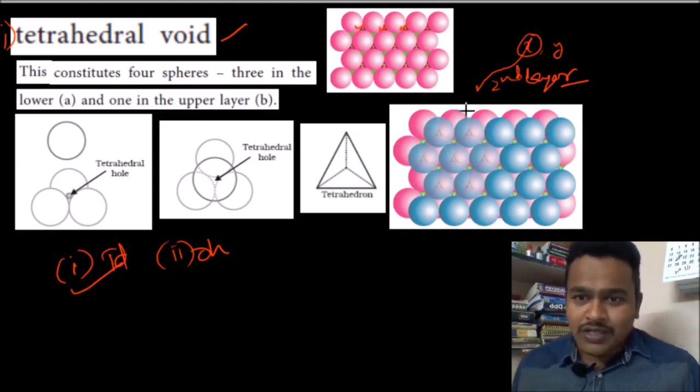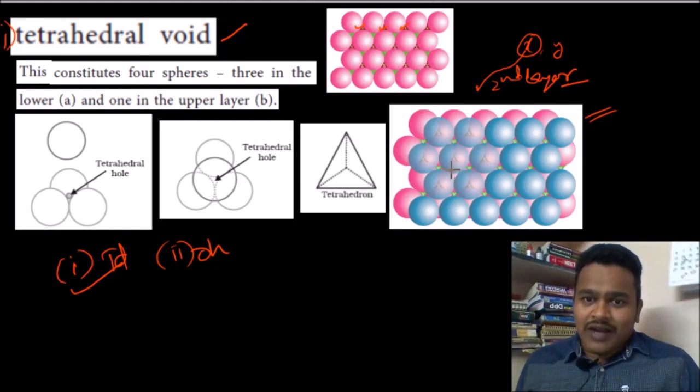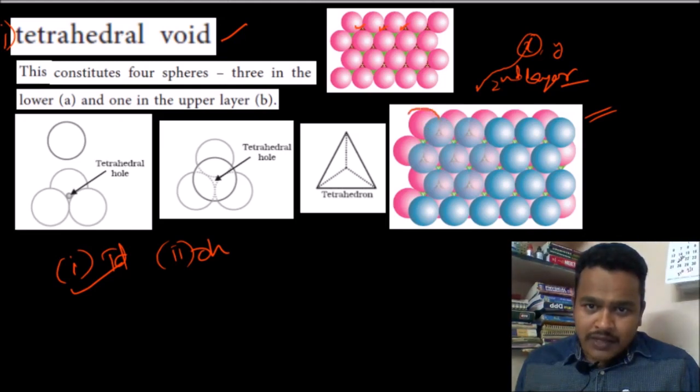See, observe this diagram. Tetrahedral voids. See, this is one sphere, a pink color sphere. Side by side, one more pink color sphere is there, and the sphere above is a blue sphere.